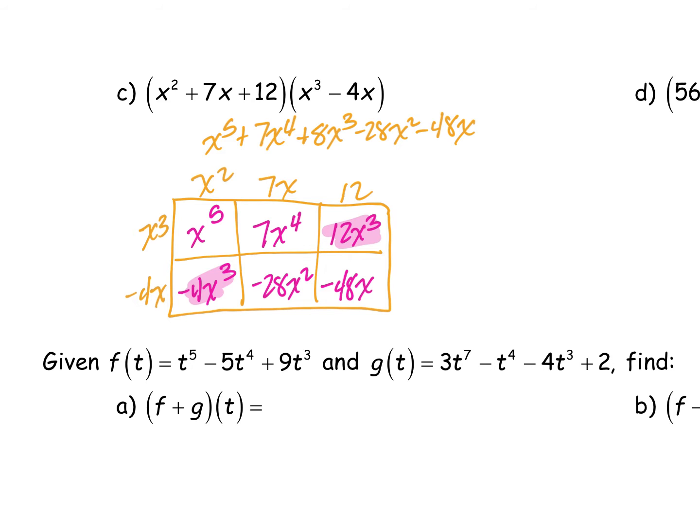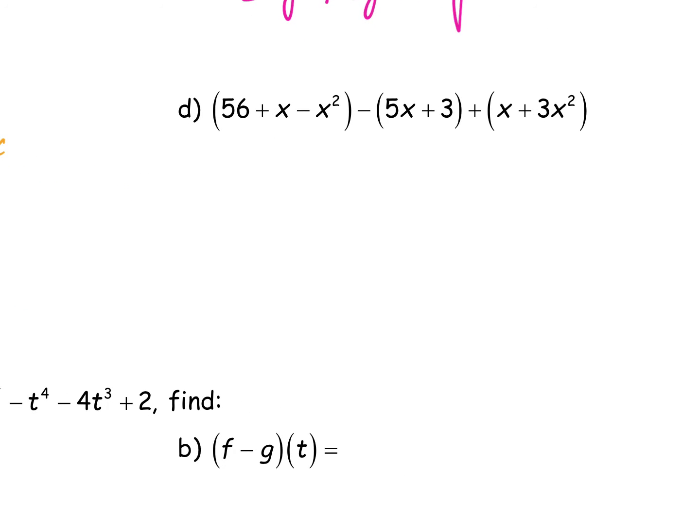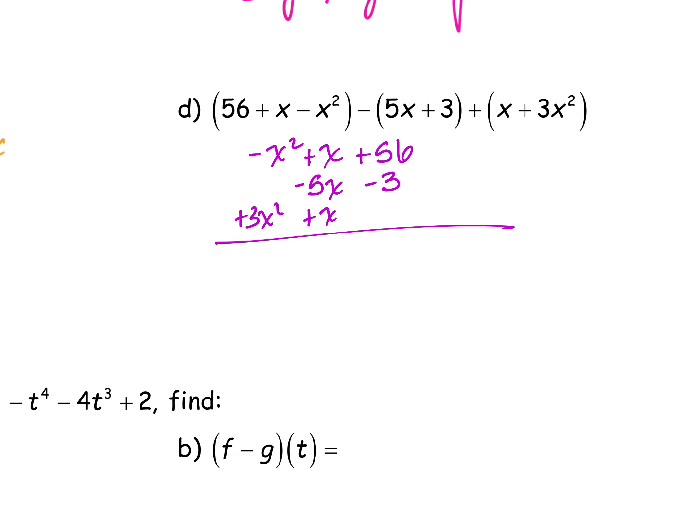All right, on the last one, all we're doing is adding and subtracting. So I've got negative x squared plus x plus 56 minus 5x minus 3 plus x plus 3x squared. All I did is line up my like terms on this one.